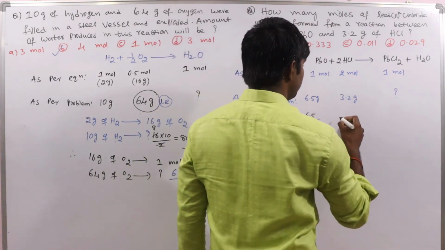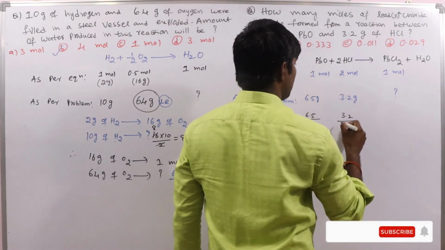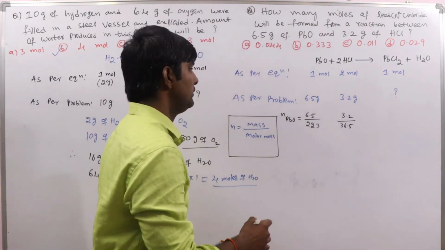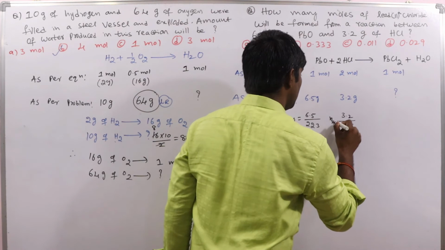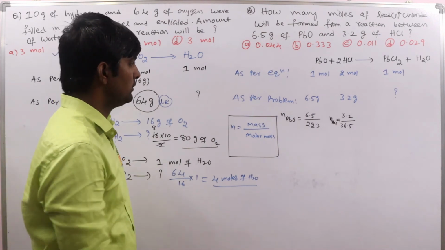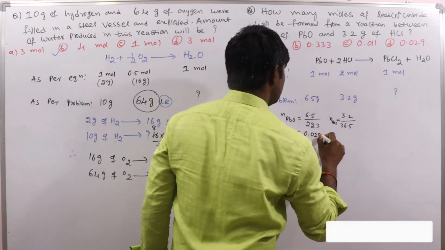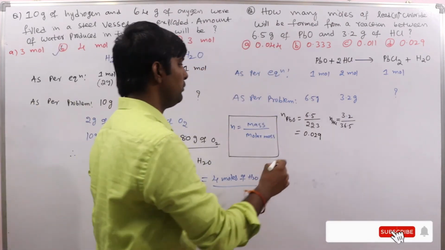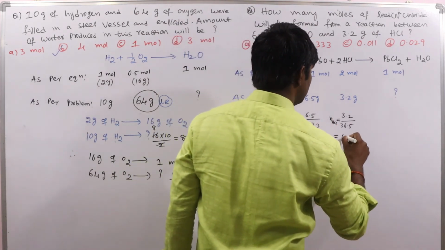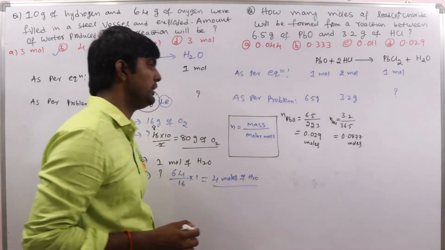And for HCl, 3.2 by 36.5, that is 35.5 plus 1. This is the number of moles of HCl provided. If you simplify, we get 0.029 moles of lead oxide provided, and 0.0877 moles of HCl provided.